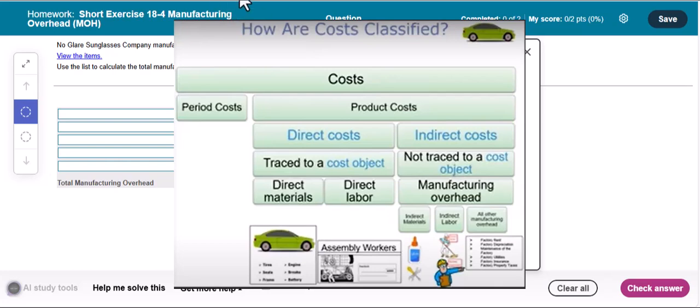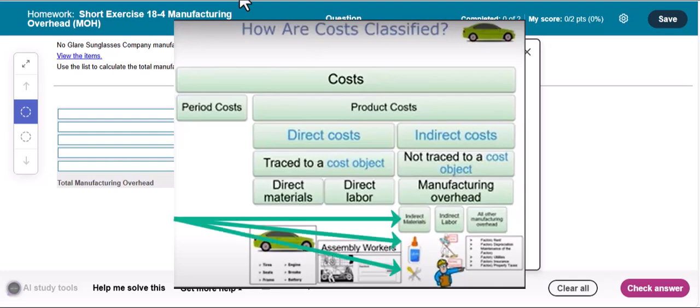Some costs, however, cannot be directly attributed to a certain car that was made. Those include indirect materials like glue and little hand tools, and indirect labor such as a factory janitor and the factory supervisor.